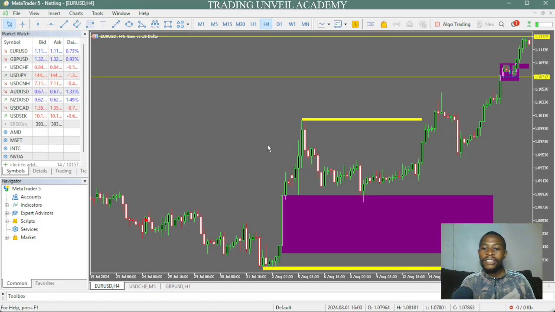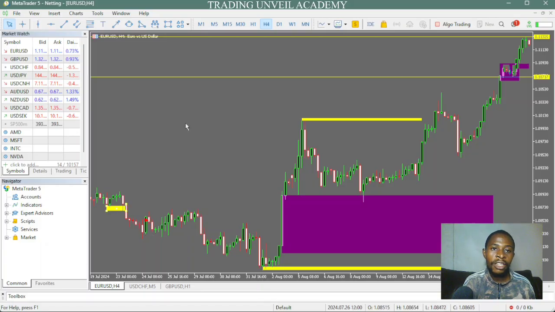This is the 4 hour time frame. And what you can see here, the market came all the way from bearish to bullish. So here, the market took this low. The market took this low. Took this low. And then it falls back to this point.